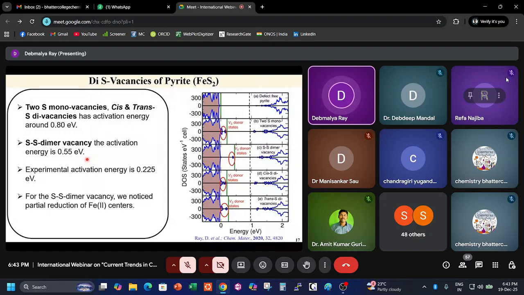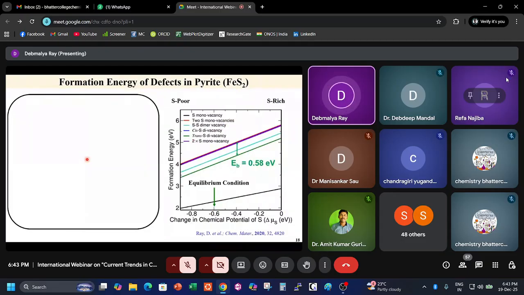Now we don't really know if these things are actually forming, right? So we have to calculate the formation energy of different defects. What I'm showing here is the formation energy of different sulfur vacancies as a function of the chemical potential of sulfur.